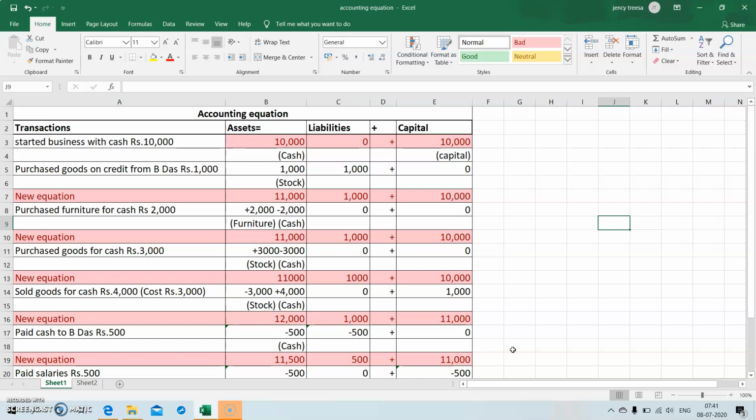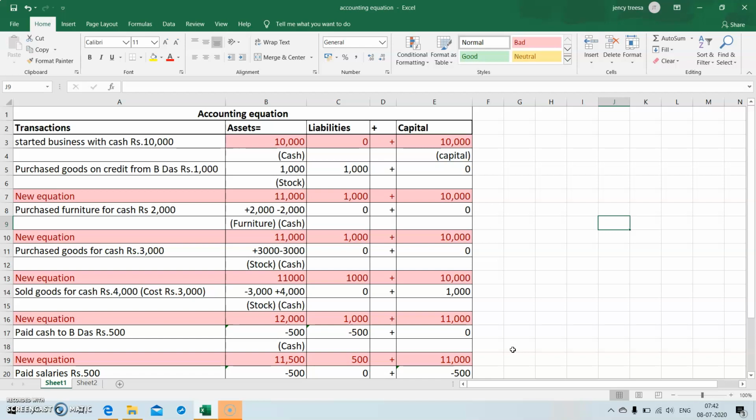So 1,000 plus 10,000. Purchase goods for cash, rupees 3,000. That is, you bought goods. If you are purchasing goods, stock will increase. You will record it as stock because you are going to trade those things, or it can be raw material as well. Anyway, stock will increase. So plus 3,000 stock, and you paid cash, so minus 3,000.